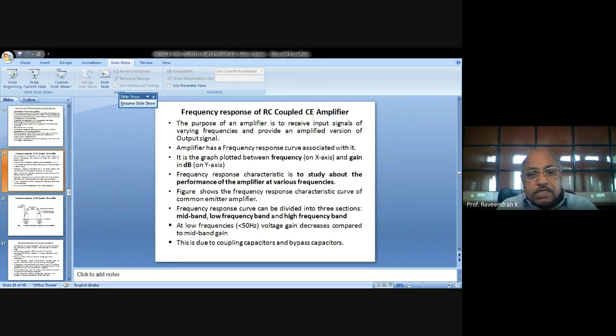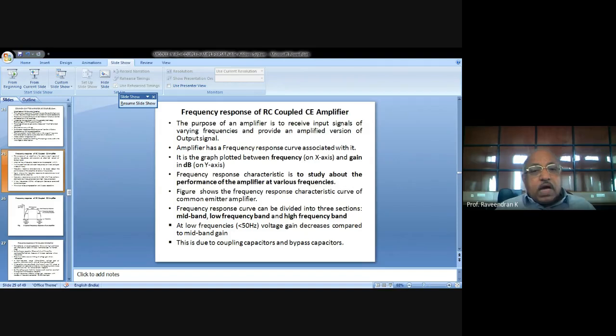If P is the power, then at the 3 dB frequency point at F1, before this F1, when the frequency is very much reduced, the power will be halved at this particular point. Similarly, the power will be halved when compared to the mid frequency band. This is the mid frequency band. The power P will be getting halved when it reaches the upper cutoff frequency, that is at F2.